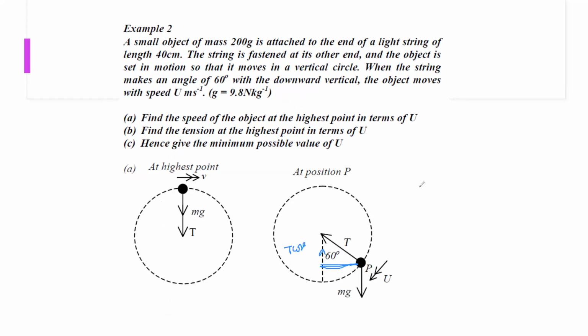So the centripetal force is equal to T cos theta, which is acting up, minus mg, which is acting down, and we substitute in place of this mv squared over r. So we can substitute v and we'll get the answer.